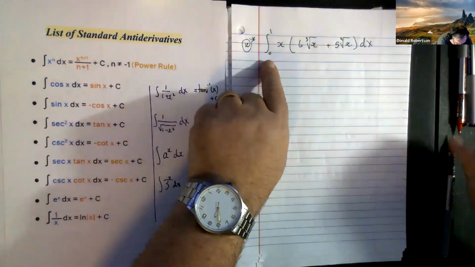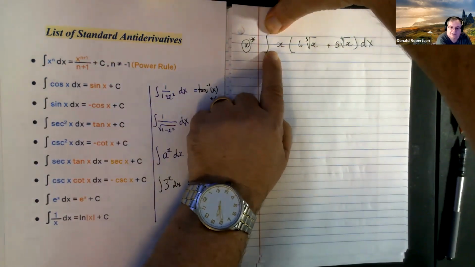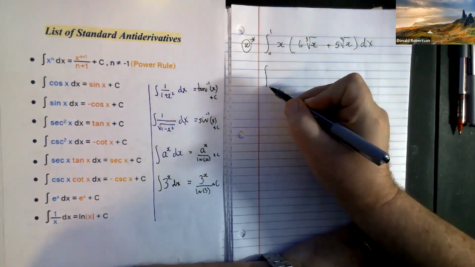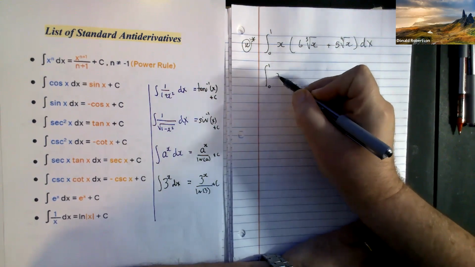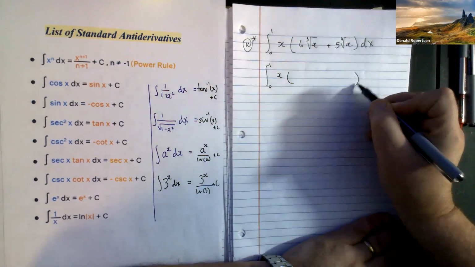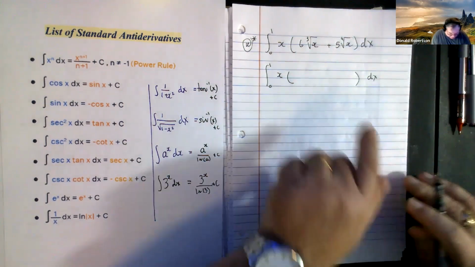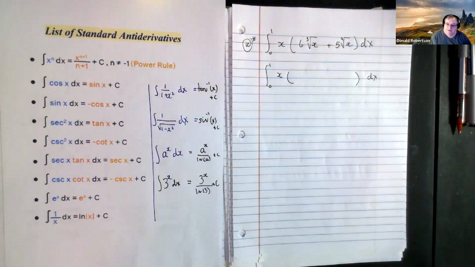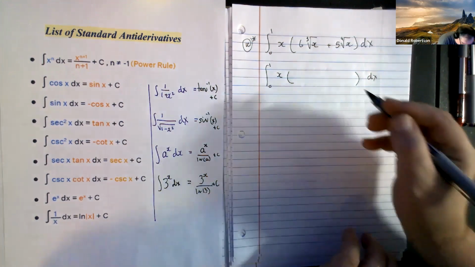Now, if these two were missing, it would be an indefinite integral. I would still find the antiderivative, but just add c at the end. And this one's got a little bit more work, although it's going to be approached pretty much the same way. I'm going to do some algebra on these so that eventually I can get powers of x, and then I can use the power rule.